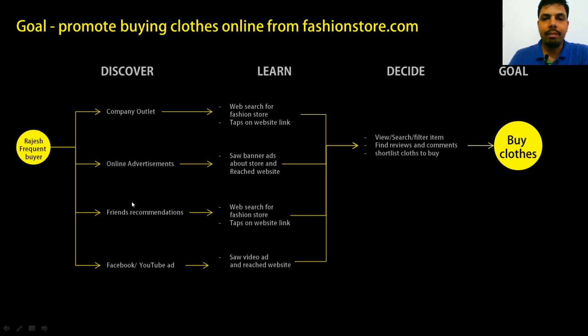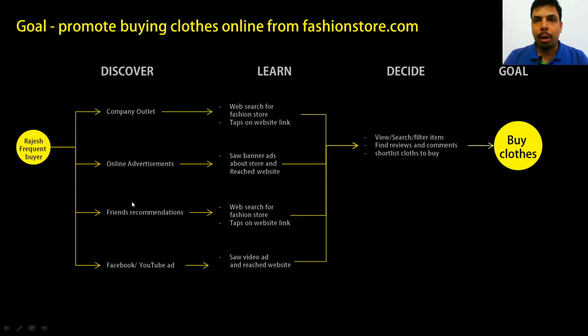This is a very high level flow and gives an overview of how the user will interact with fashionstore.com, how he will be reaching fashionstore.com. It's difficult to buy clothes online because a lot of things matter like size, shape, comfort with respect to clothes.